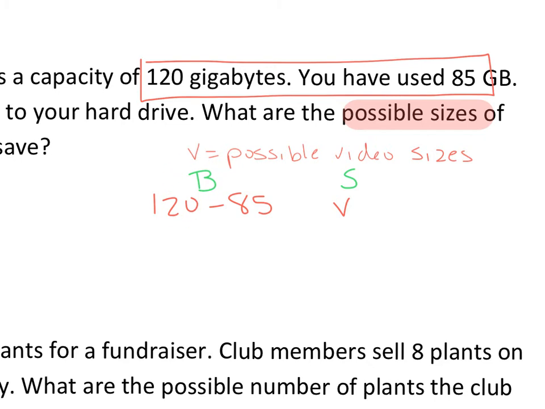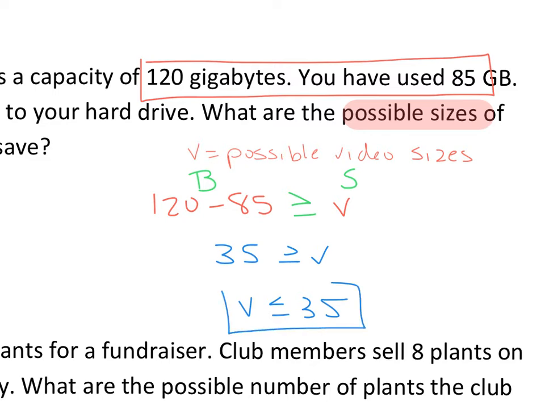Alligator always eats the bigger side. So it should look like something like that. Now the question is could it equal 120? Yeah, I think so. So we're going to go ahead and put an equal sign on there. Now if I take 120 minus 85, I get 35. Normally we write our variable up front, so that would require a flip. So there's your answer.